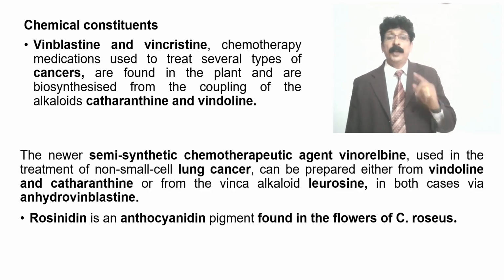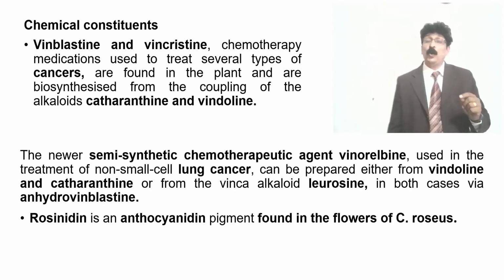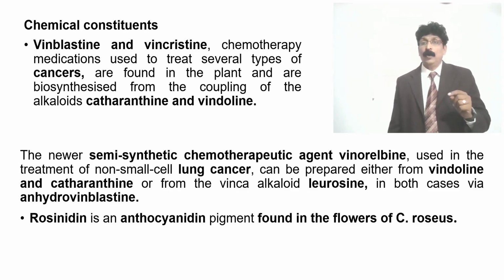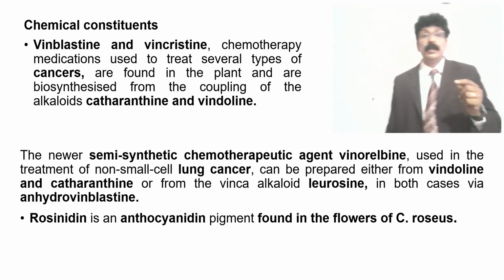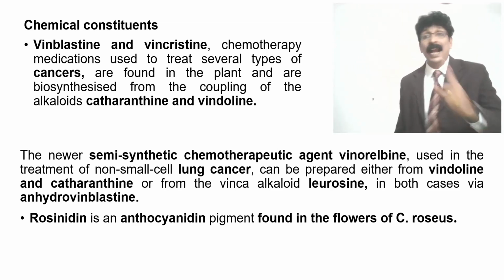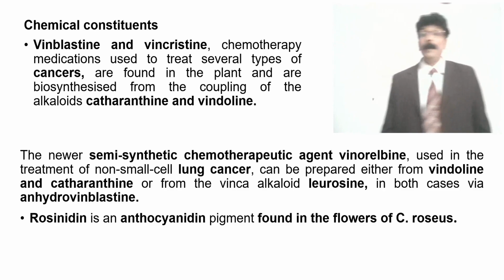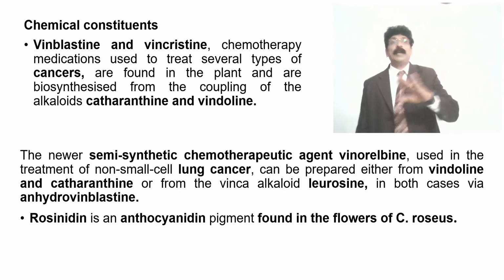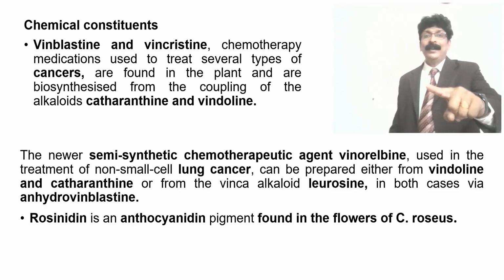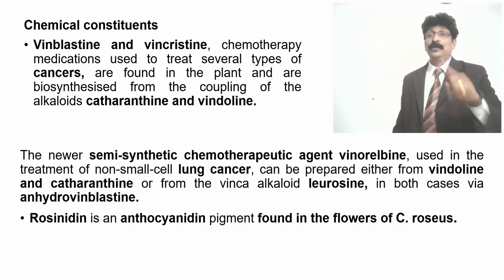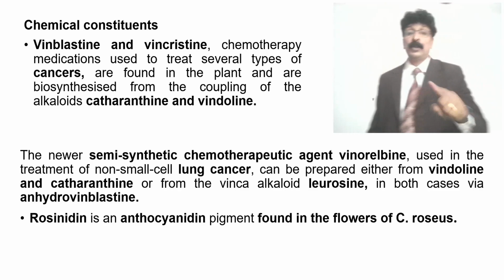The newer semi-synthetic chemotherapeutic agent vinorelbine, used in the treatment of non-small cell lung cancer, can be prepared either from vindoline and catharanthine. You should know the importance of this plant's constituents.